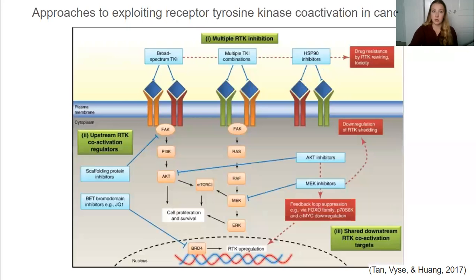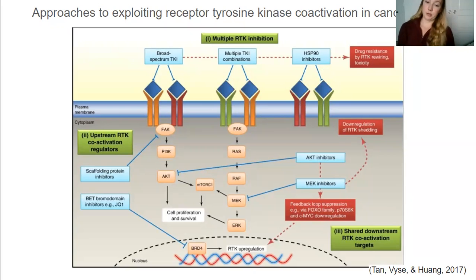So let's move on now to how we are going to treat this in cancer therapy. The alteration of receptor tyrosine kinases can occur in many different cancers. These findings have led to tyrosine kinase inhibitors and therapeutic agents to try to treat cancer.